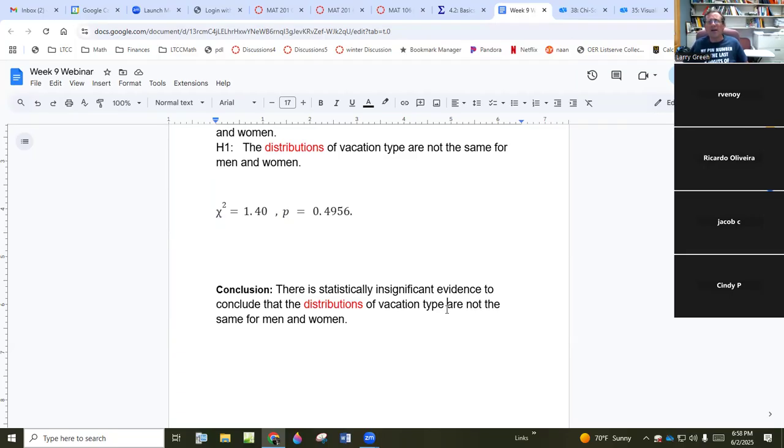Okay. By the way, what do you think the hardest part is going to be in this chapter? And by the way, my definition of hard is students have trouble with it. Any guess? Yeah, when P is large, then it's statistically insignificant evidence.